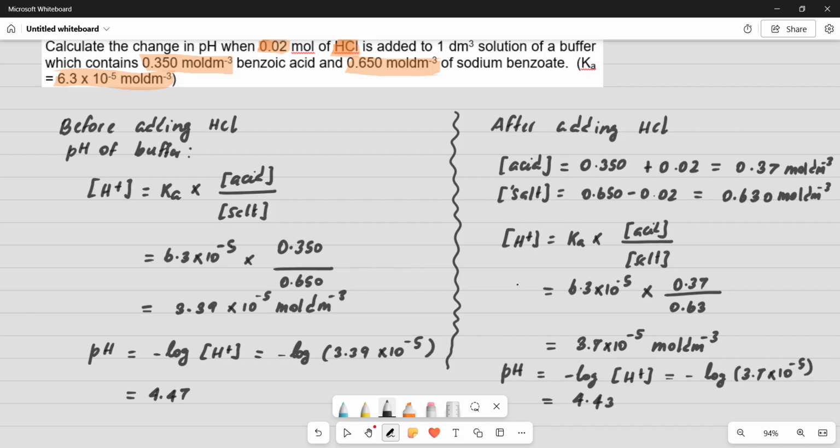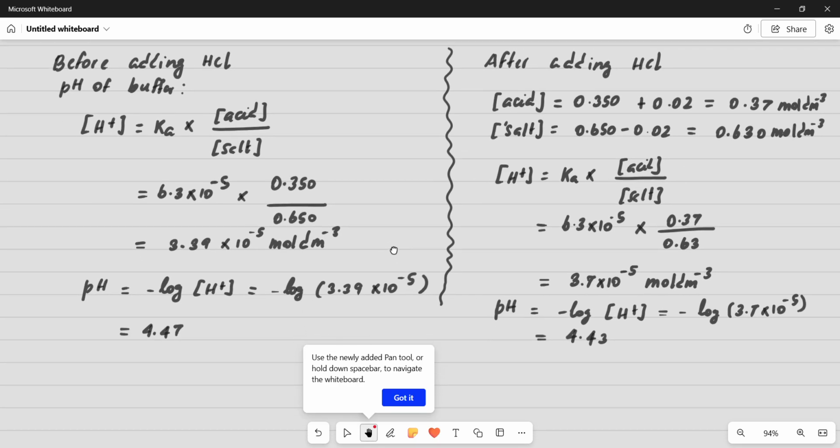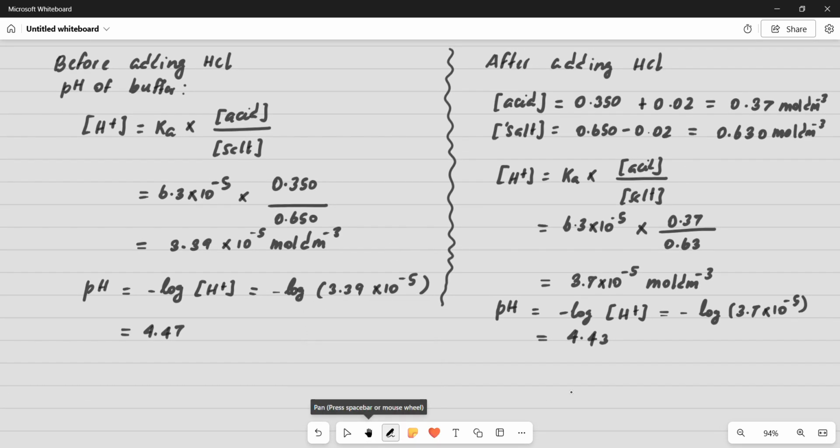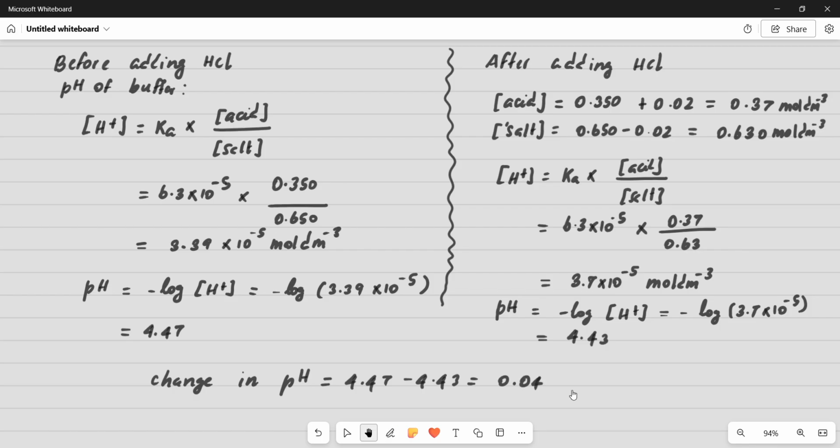This is the pH after adding the acid. Now they asked to find the change in pH. So change in pH is before minus after. So I get 0.04. This is the change in the pH.